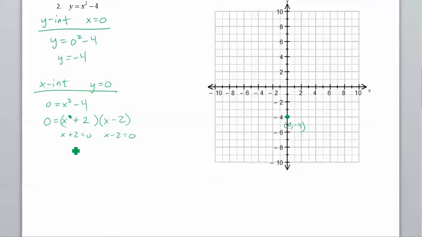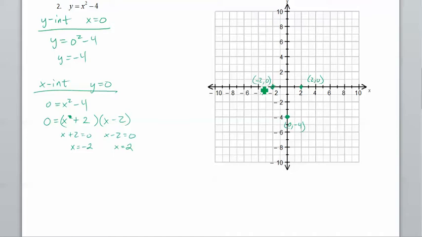If you're having a hard time with this part, then please go back and review how to factor. That's in some of the other videos that we've done. That was our last unit. So we've got x is negative 2 and x equals 2 when y is 0. That's going to give me my two x-intercepts right here. So (2, 0) and (negative 2, 0). I've labeled those 2 points.